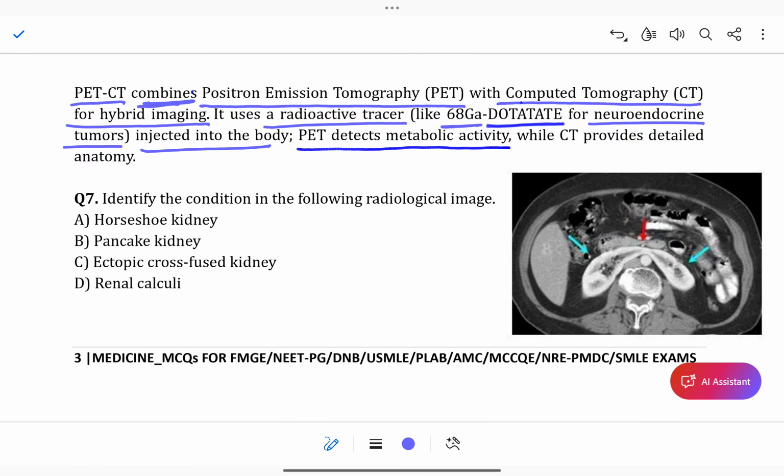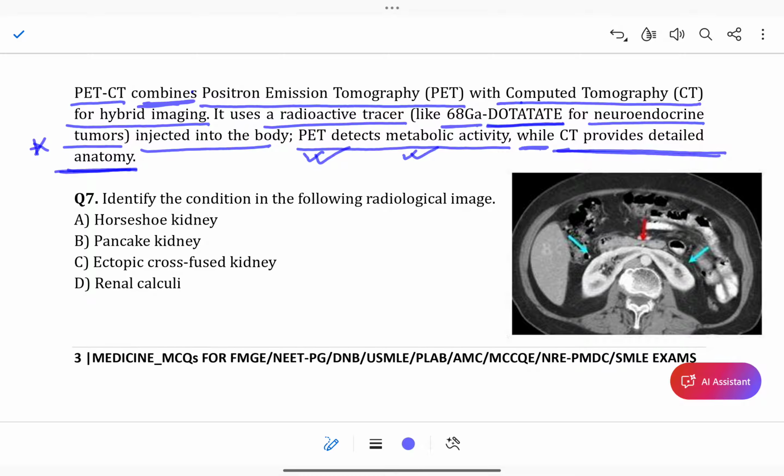PET detects metabolic activity, while CT provides detailed anatomy. Very important point: PET detects metabolic activity while CT provides detailed anatomy.